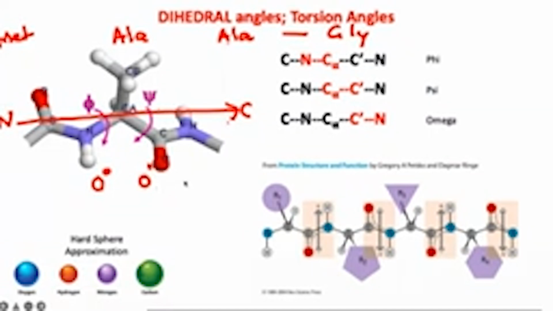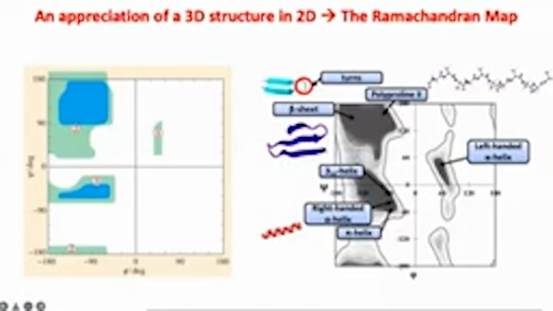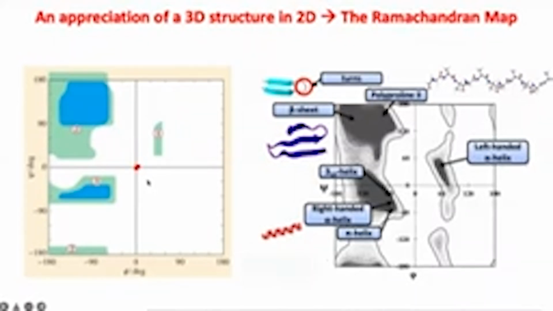All you do is you go to the Ramachandran map and say 0, 0. So you basically plot a dot over here. Then you go to the next amino acid. Let's say the next amino acid is another alanine, but its phi is minus 90 and its psi is plus 90. So you plot a dot over here.